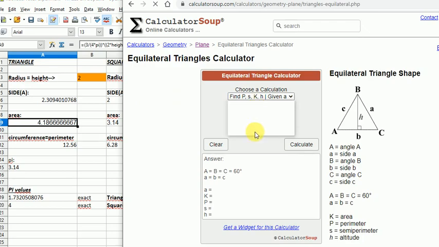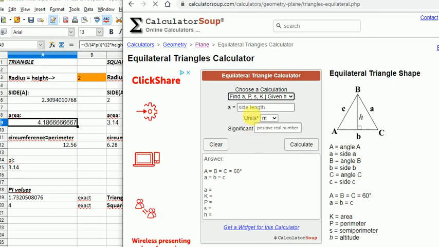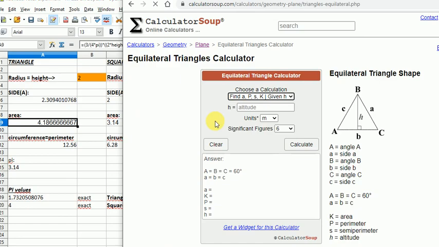So if we set the height to 2, remember K is the area, so this value here is the area.